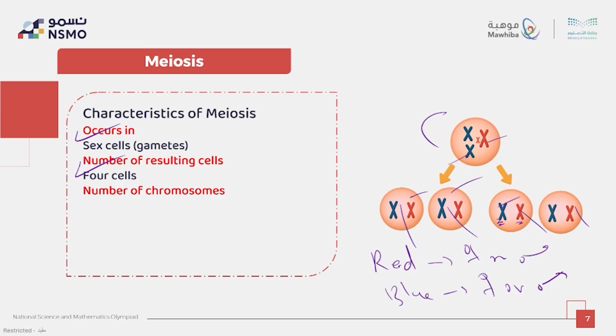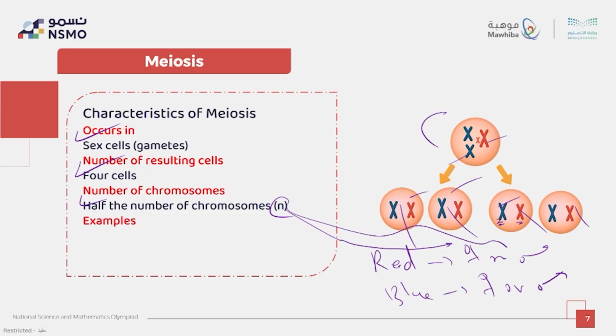The number of chromosomes is half the chromosome number, and we call it N. N means it comes from father or mother. An example is the egg or sperm, egg cells, pollen or pines.